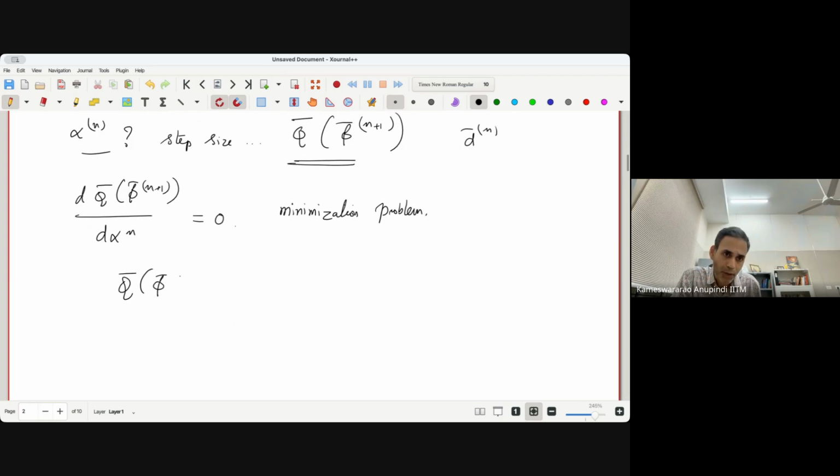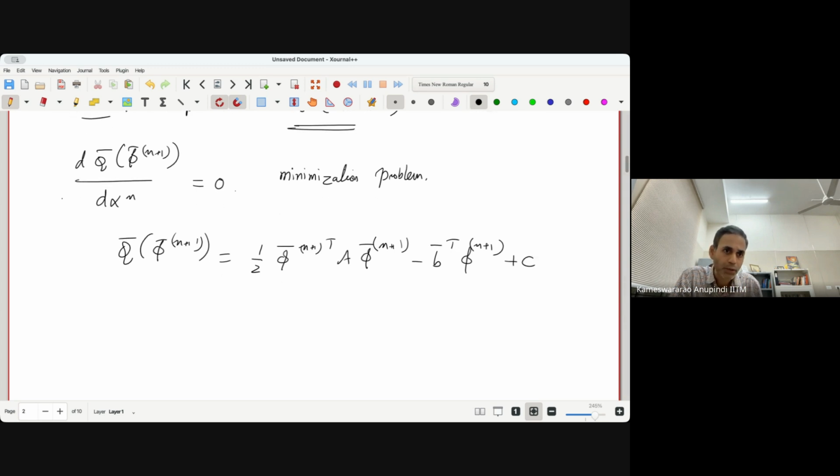We already know what q̄ was. q̄ of φ̄n+1 is nothing but what we have already written: φ̄n+1 transpose A φ̄n+1 minus b̄ transpose φ̄n+1 plus c.